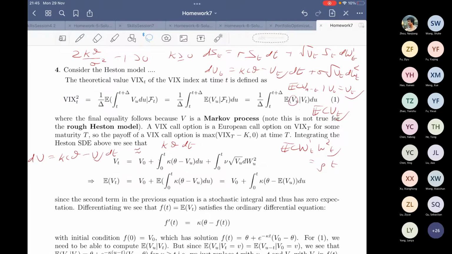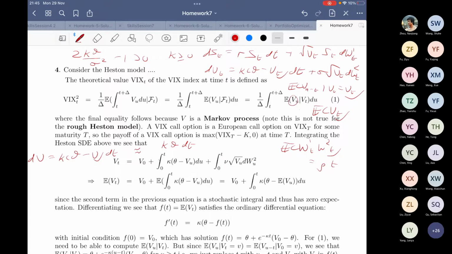But what I'm saying is that we can integrate the SDE here, and we know that the expected value of VT is V0, which is just a constant, plus the expected value of the integrals. But this is a stochastic integral, and as we've said before, at least at your level, in 99.9% of cases, stochastic integrals have zero expectation.